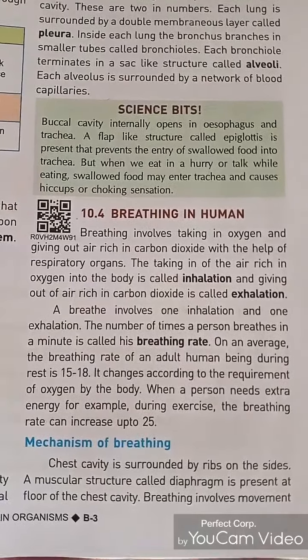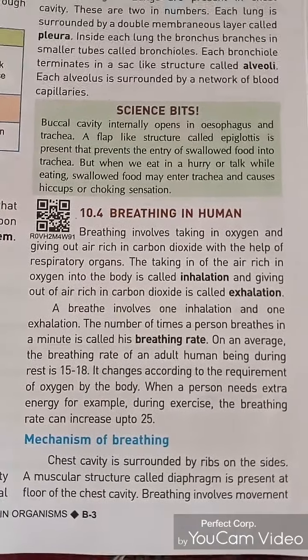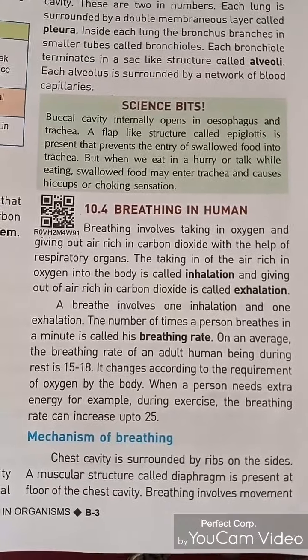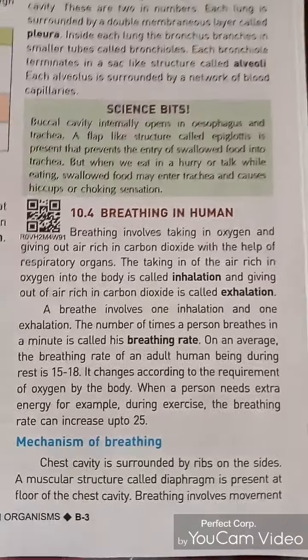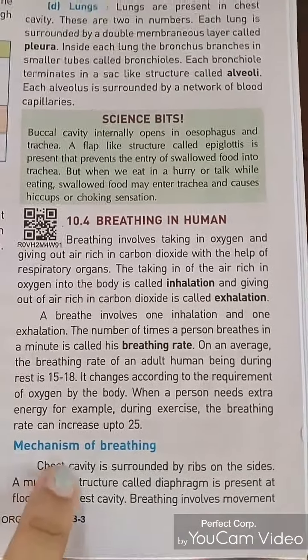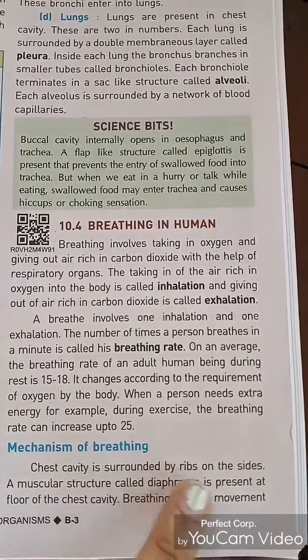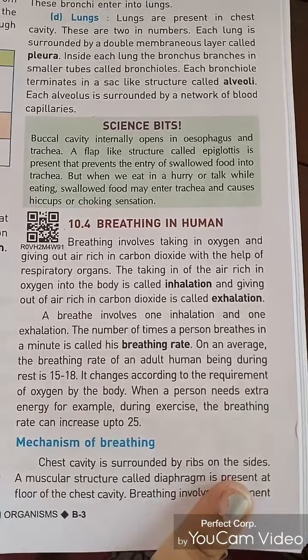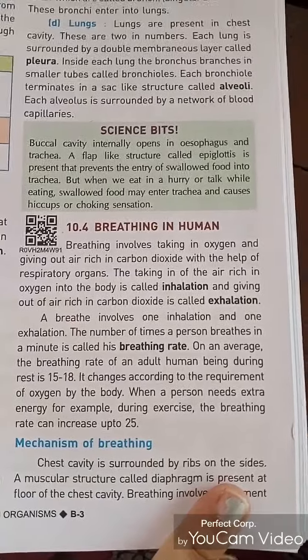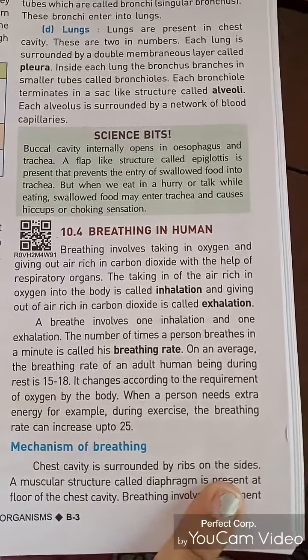Inhalation first starts with our nostrils, which we have already discussed in the earlier classes on the human respiratory system. The chest cavity is surrounded by the ribs on the side. We all know that the lungs are covered by the ribs.